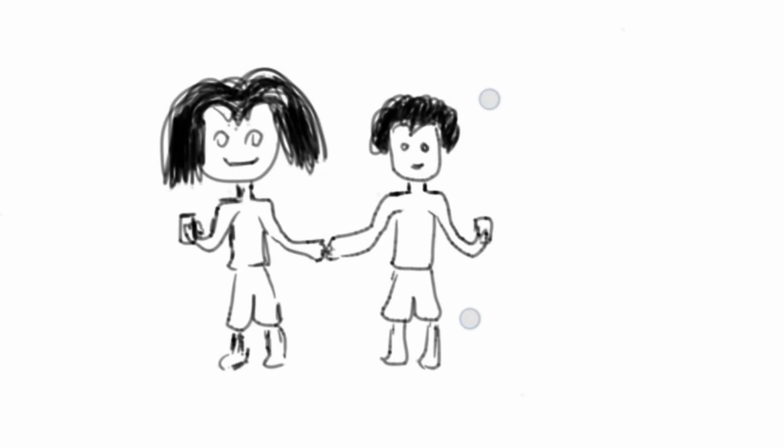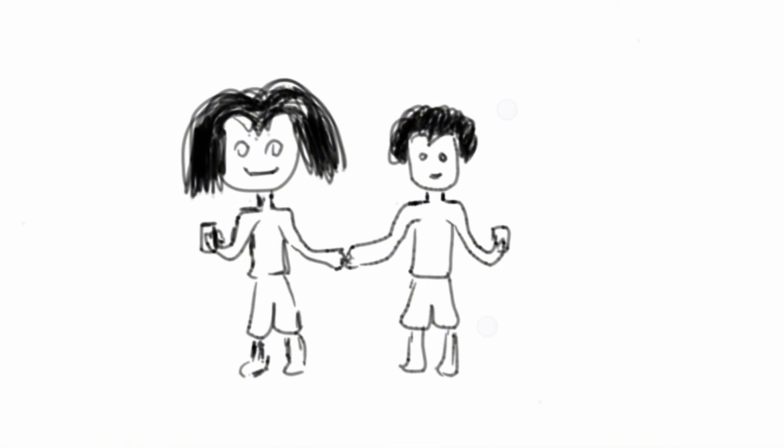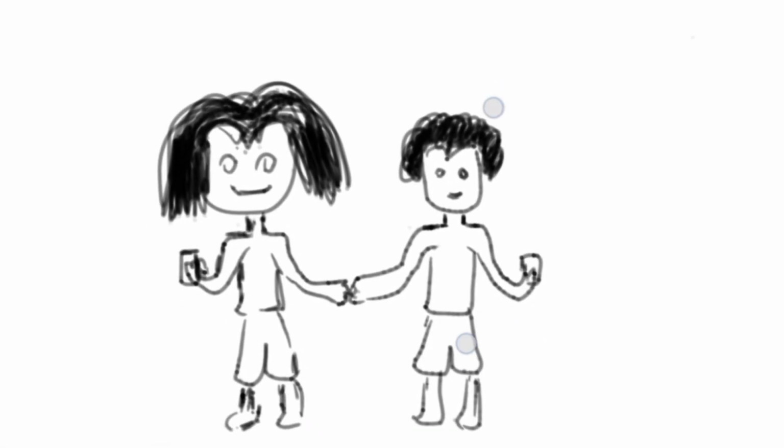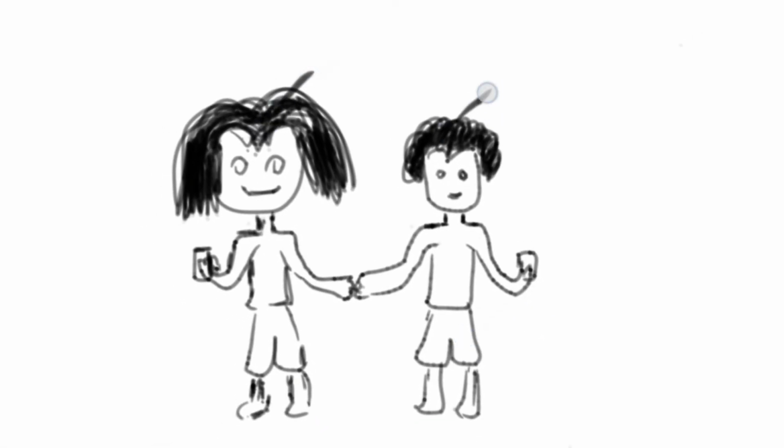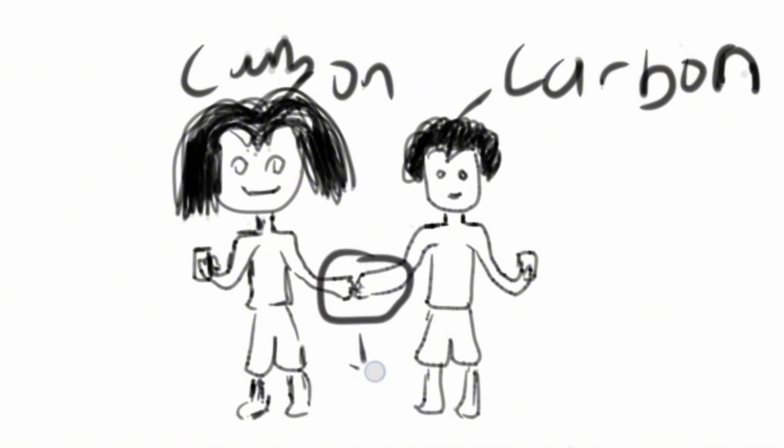So I have here a drawing I made myself to further understand E1 and E2. This person right here represents the carbon. And here represents the single bond. The cup he's holding is the leaving group.